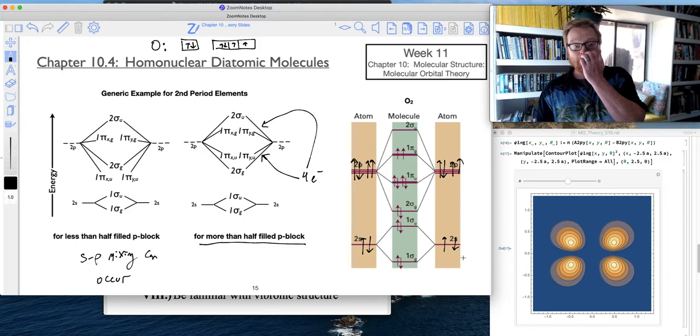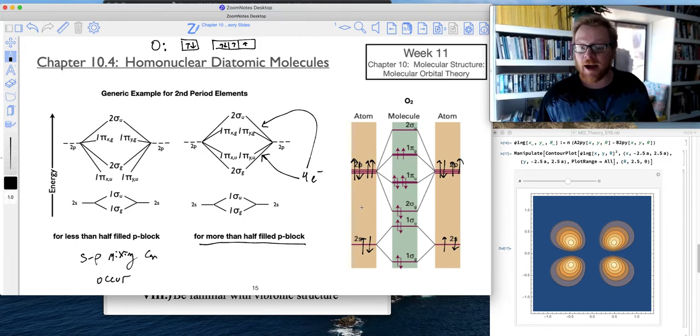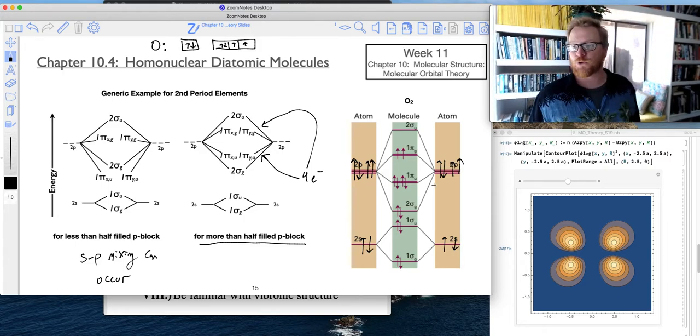And so now that means I'm going to have 12 electrons that I bring down into the MOs. So I've got 1, 2, 3, 4 to take care of with the 2s, and there's 1, 2, 3, 4. Great. So that 1 sigma g, 1 sigma u is all blocked up. Now what about this lower level? Well, oxygen is more than a half-filled p block, and because of that, the 2 sigma g is lower.